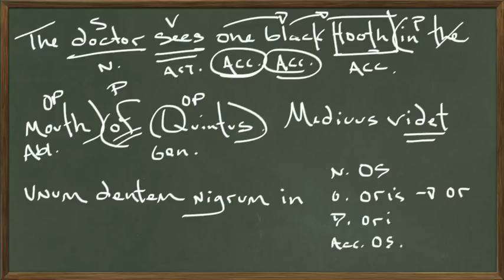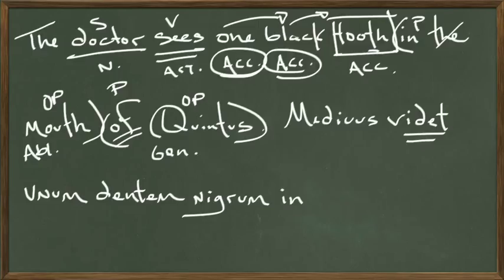I'm really out of room there, so let me erase that. In the ablative then, we'll just stick it over here in this sentence. In the ablative, it is ore.